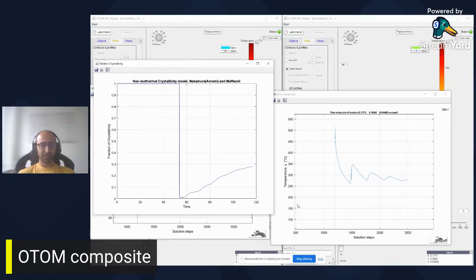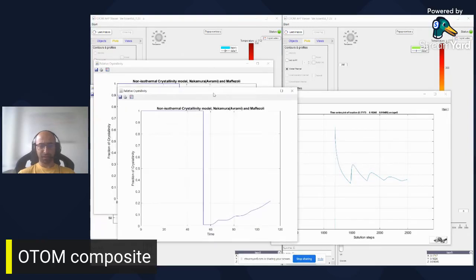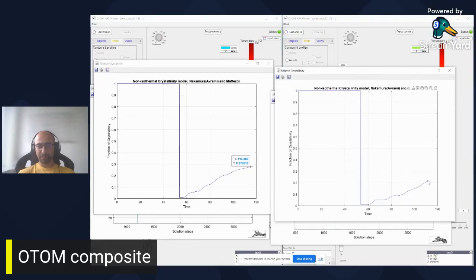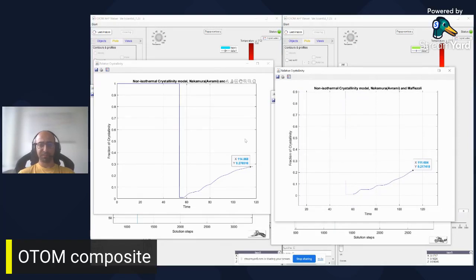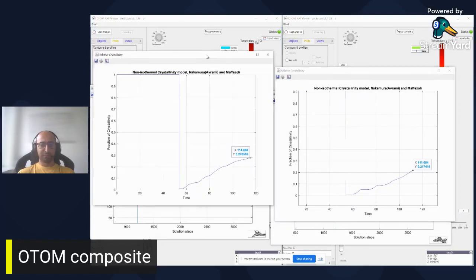Okay, for the left side, having the room temperature, we got until around 0.27. And for the right side, we also got somewhere around 0.22 as the crystallinity, so they are very close with each other.